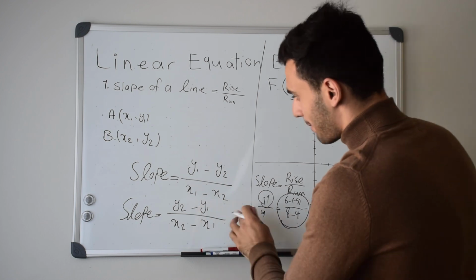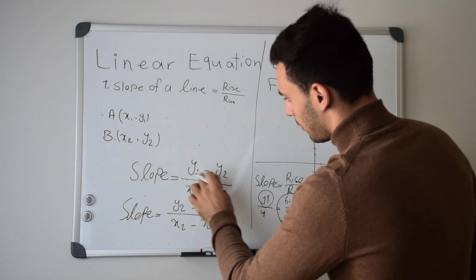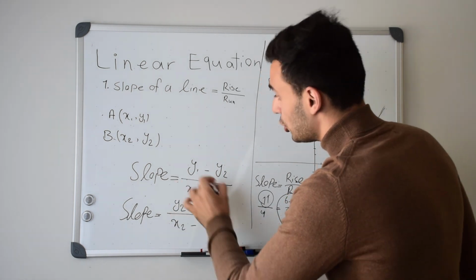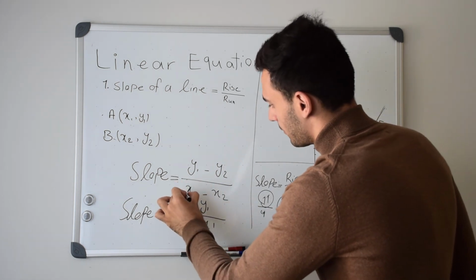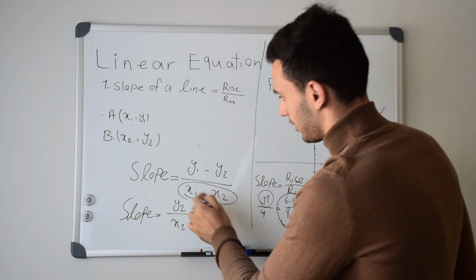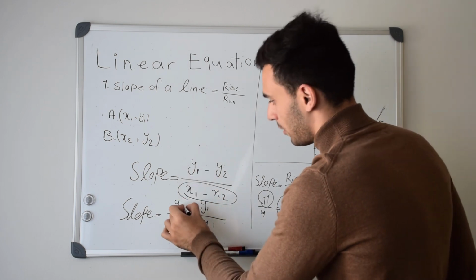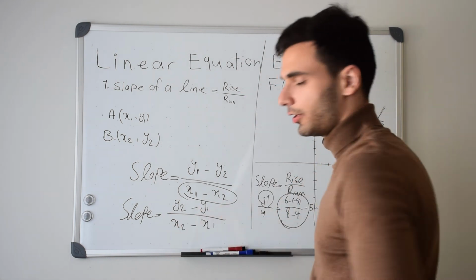So it doesn't matter if here is y1 or y2, but at the same time here it should be divided with x1 and x2. If it's y1 here, it should be x1 here. If it's y2 here, it should be x2 here.